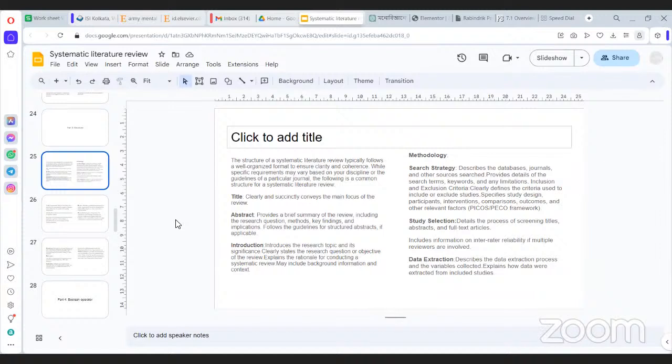Sir, repeat please. In writing the title of your paper, if you follow the systematic review of literature style, then in your title you must write systematic review of literature. Or if you follow meta-analysis, then in the title you have to write that it is based upon meta-analysis. Is it clear now?